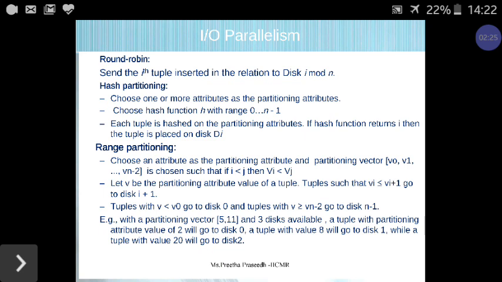So we create the partitioning vector, and on the basis of the vector the data is partitioned into different disks.